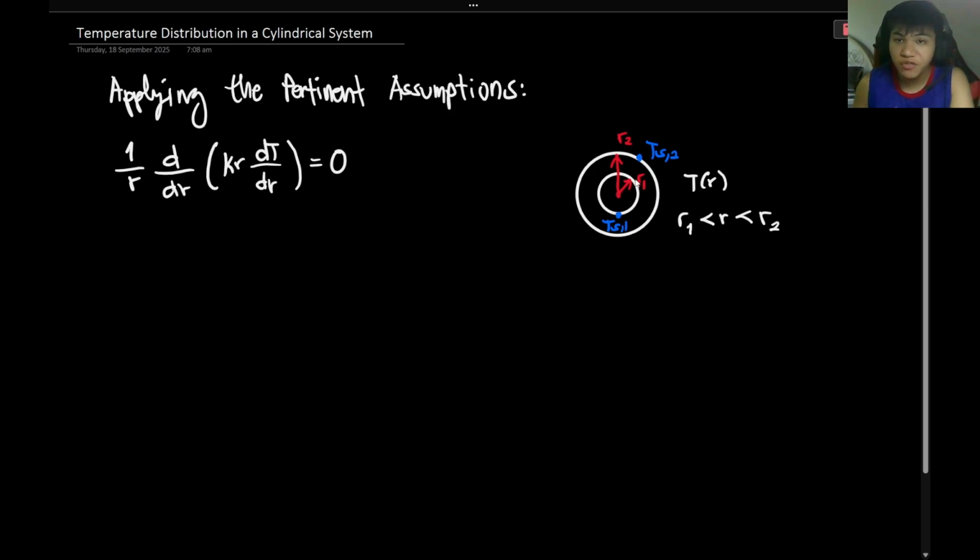At those specific points, there are respective temperatures. Let's say for R1, we have Ts1, and for R2, we have Ts2. The goal is to devise an equation of T as a function of r, in which we can find the temperature at any given point within the radii. Our radius will be between R1 and R2.